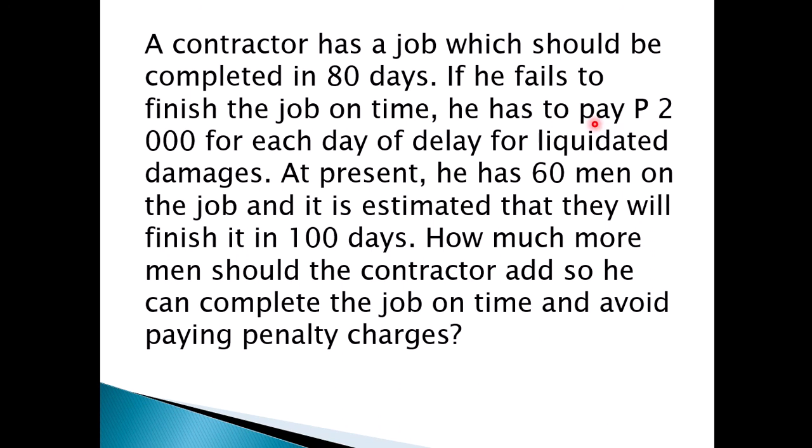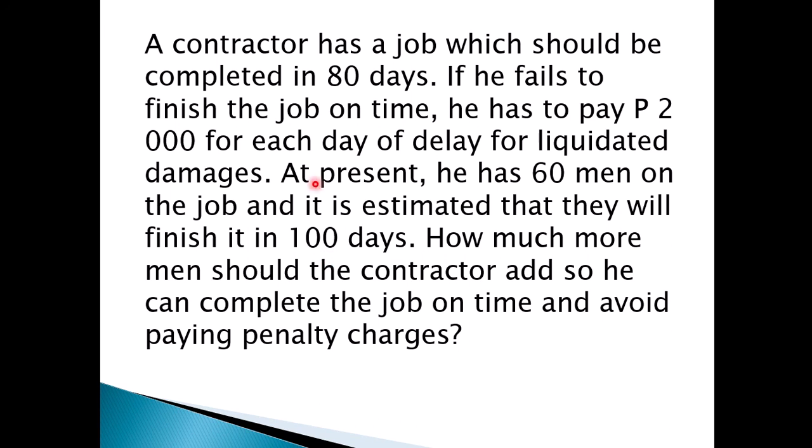He has to pay 2,000 for each day of delay for liquidated damages. And then at present, he has 60 men on the job, and it is estimated that they will finish it in 100 days, which means it is really delay for his present 60 men. So how much are we going to add for us to achieve it in 80 days?